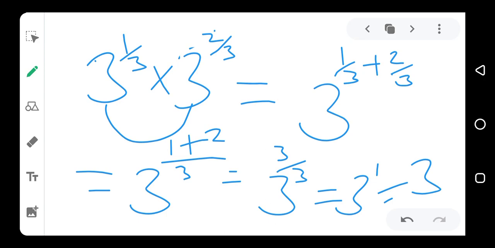They'll combine different laws and ask you to find something. So you just break it down. Look at the first one that you're going to do first. If you see multiplication and then the power, you first of all have to do the multiplication and then you do the power.